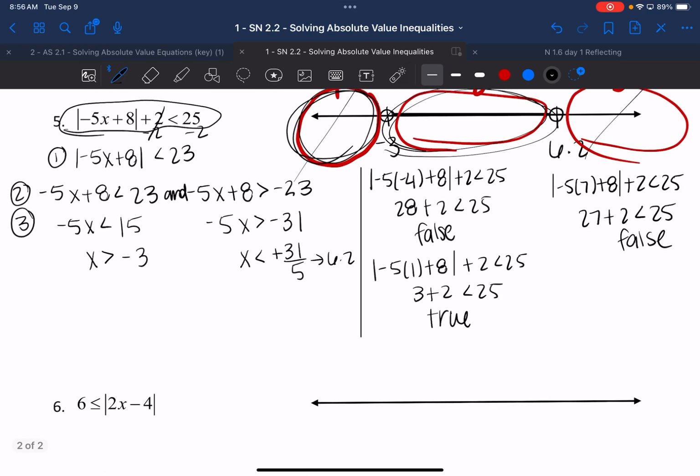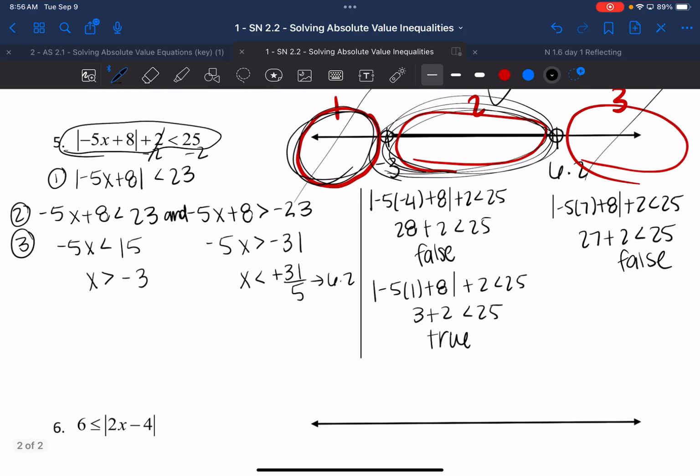So, we agree that this part right here is our solution. We are going to write our solution in both interval and set notation. So we'll do interval first. It goes from where to where, did we say? Okay. So we're going to say from negative 3 to 31 over 5.